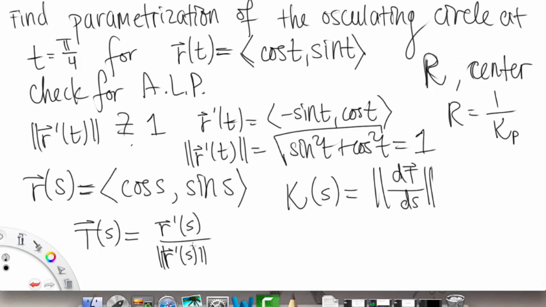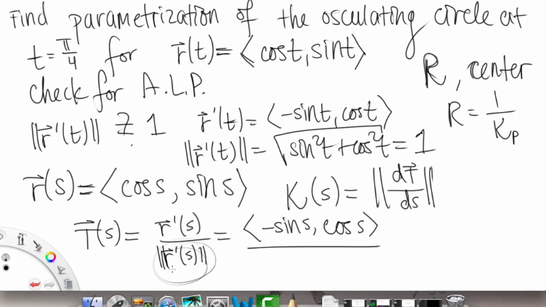Let's see what we get here. r prime of s is negative sine s, cosine s. On the bottom, we know this is already an arc length parameterization, so this is automatically going to equal, no, it is not automatic.